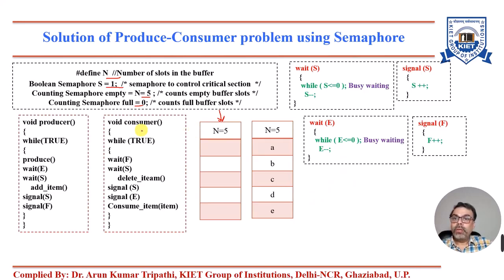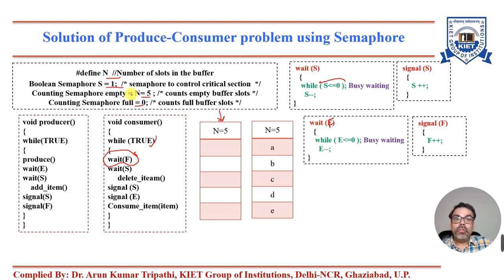So the consumer will come here and initially call wait F. Wait F checks whether the slot is empty or not. So wait F will be called.